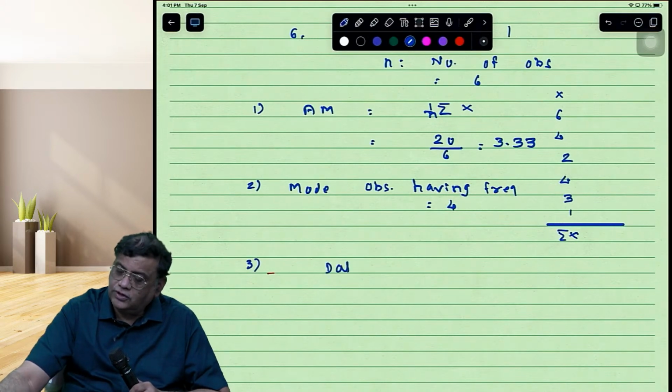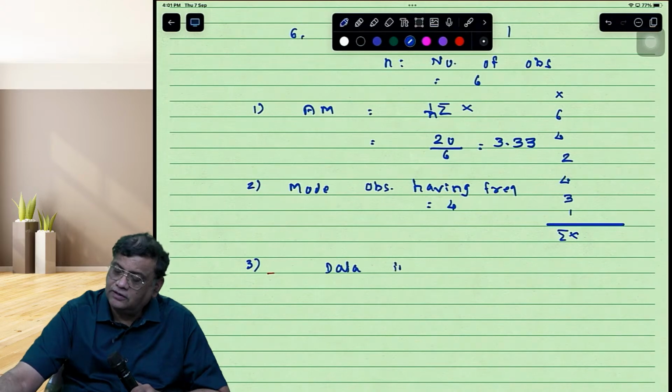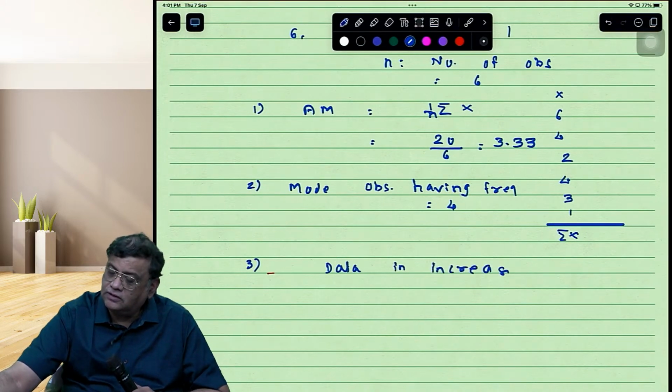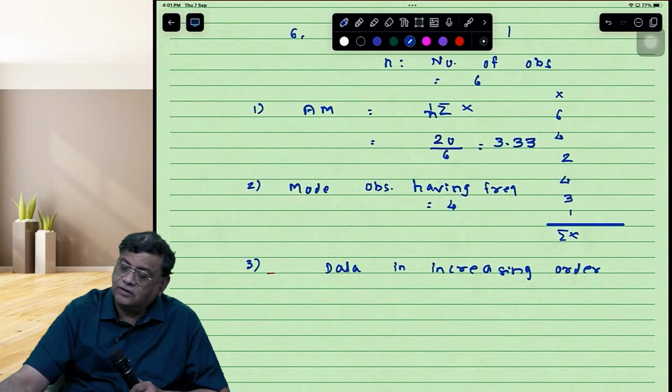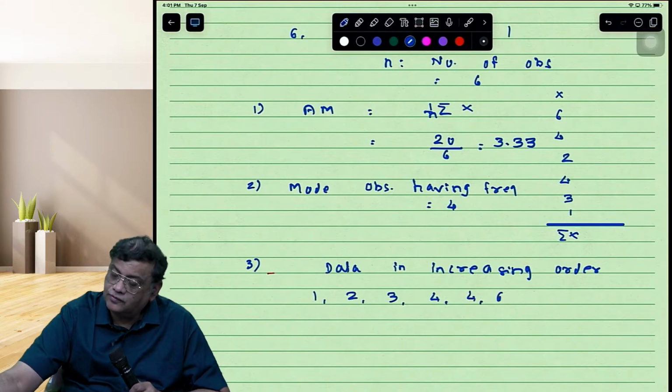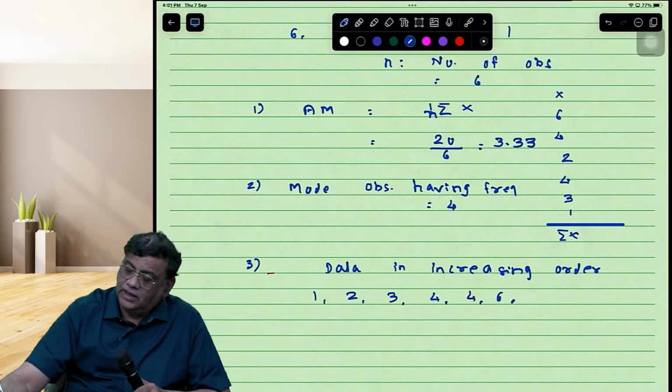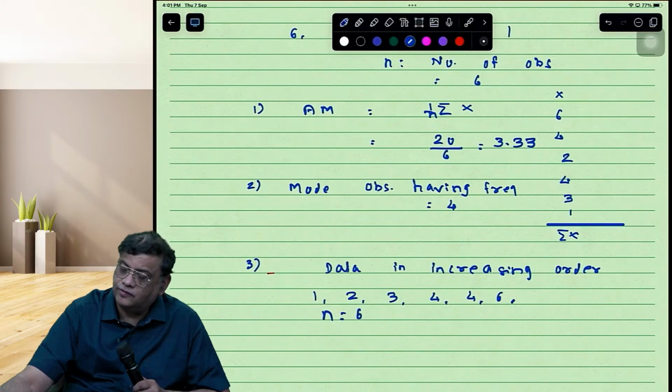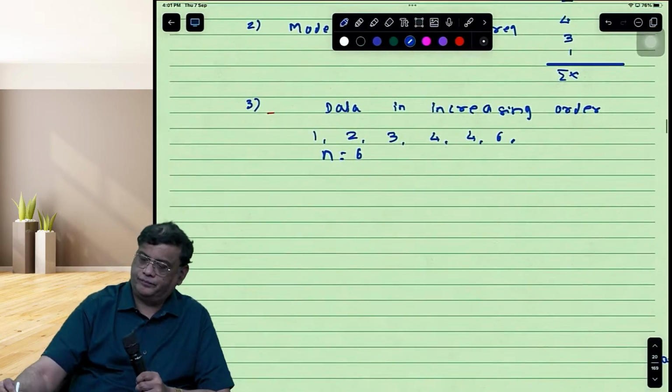So tell me what will be the data in increasing order. The data in increasing order is 1, 2, 3, 4, 4, 6. Now n is equal to 6. First understand, then do.